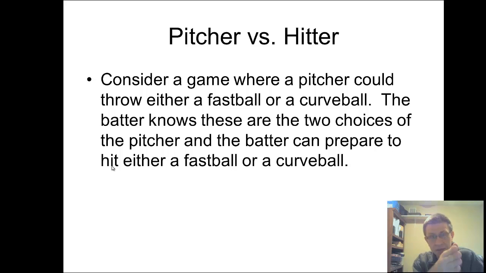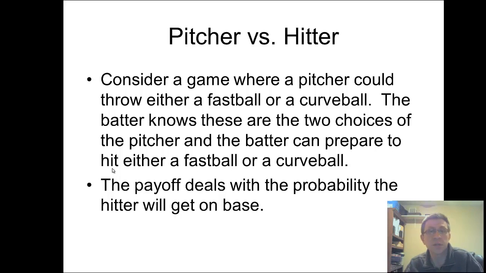So if the hitter is planning for a fastball, the pitcher will want to throw a curveball. But if the pitcher's throwing a curveball, the hitter would want to plan for the curveball. But if the hitter's planning for the curveball, the pitcher would want to throw the fastball, and so on. And there's no outcome where they're both happy, right? At any given outcome, one of them would want to switch his or her choice.